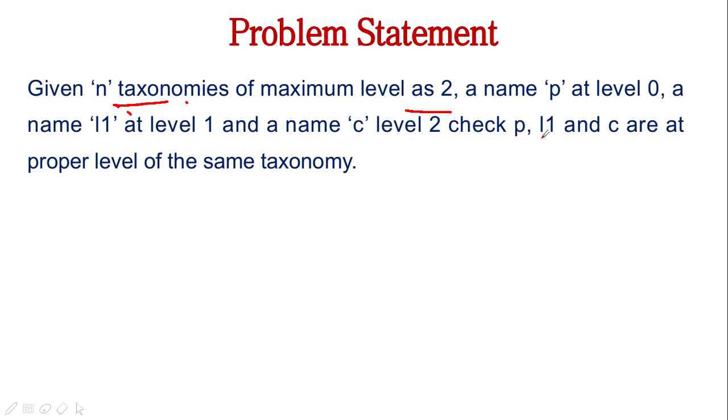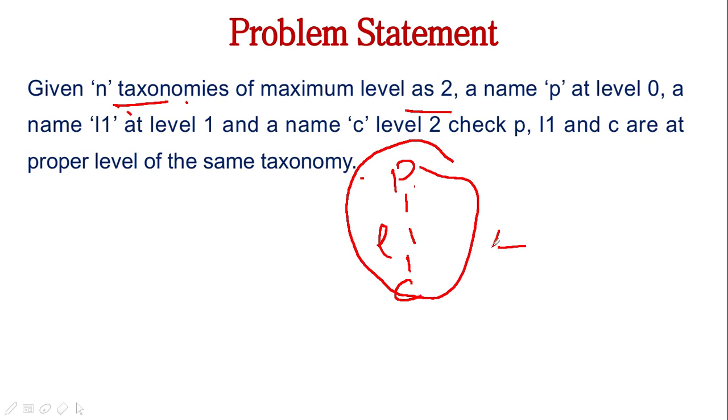You have to find out whether P, L1, C are at proper levels of the same taxonomy. We have to find out whether C is part of L1 and L1 is part of P in any of the taxonomies.